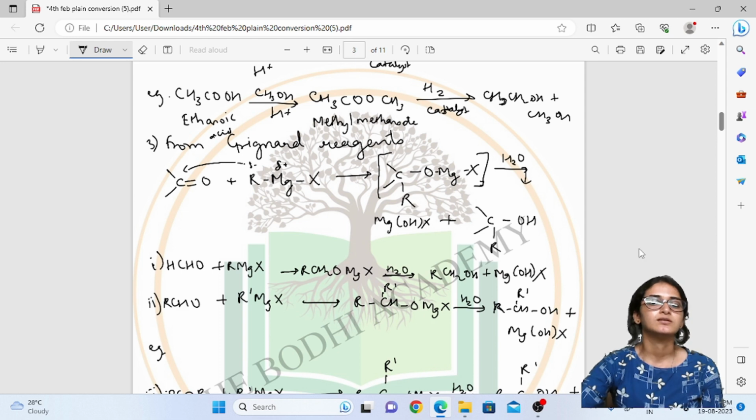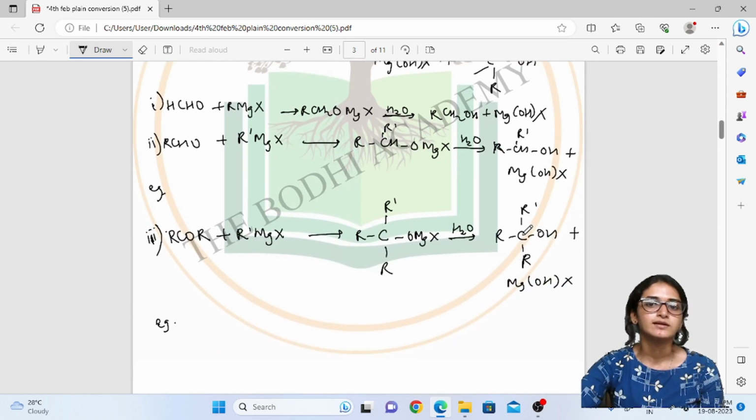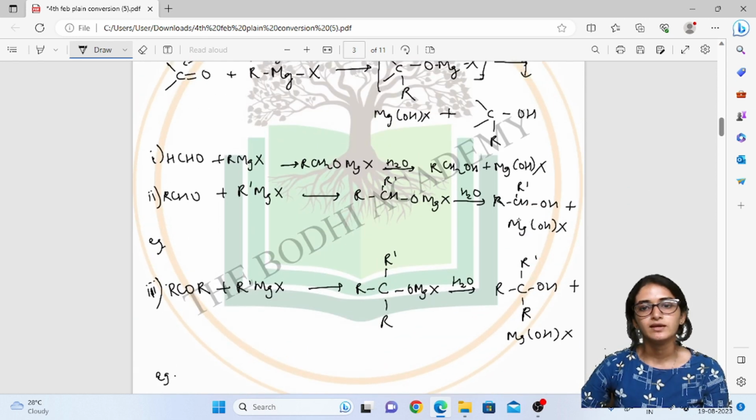This is the mechanism I have explained here, and the addition product will be MgOHX. Now we will see the first reaction here, that is HCHO. HCHO is methanal. When methanal is reacted with Grignard reagent, it will give us one adduct, that is RCH2OMgX. When it is further reacted with water, we will get an alcohol along with the addition product.